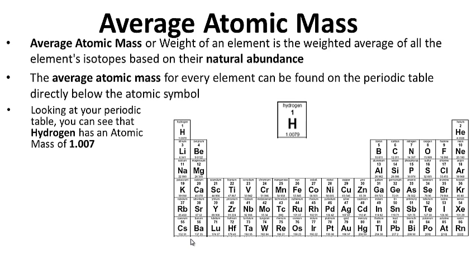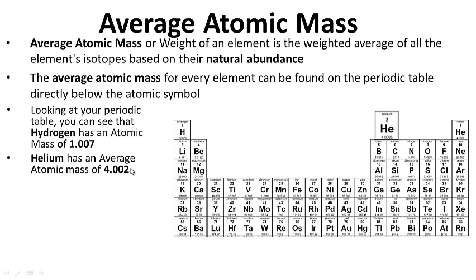Looking at your periodic table, you can see that hydrogen has an atomic mass of 1.007. Remember, that's about the mass of a proton, and most hydrogen atoms are made up of a single proton. Helium has an atomic mass of 4.002. Notice they're not perfectly even numbers.